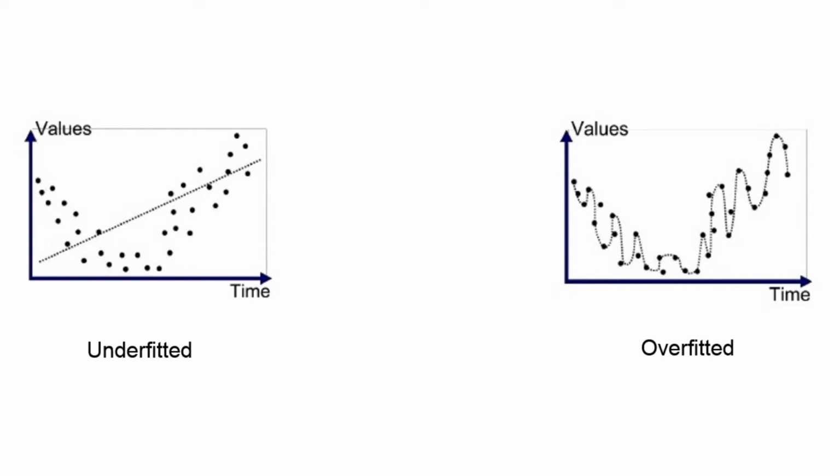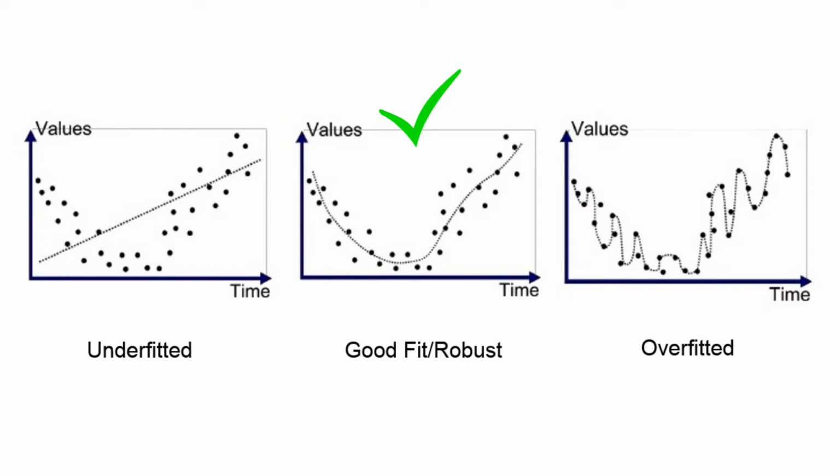The noise could be due to the error while collecting the data or taking the measurements. The line on the middle graph shows a very good predicted line. It covers a majority of the points in the graph and also strikes the balance between underfitting on the left and overfitting on the right.